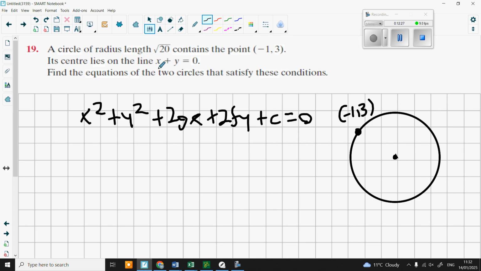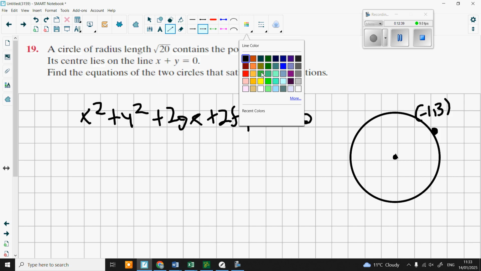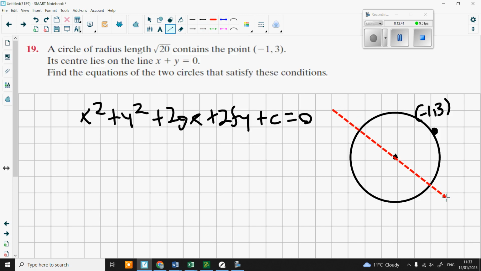And then there's this line, x plus y equals. Now that's a negative slope. So I'm just going to, for argument's sake, do it like this. See that red line? That red line contains the point minus g minus f.